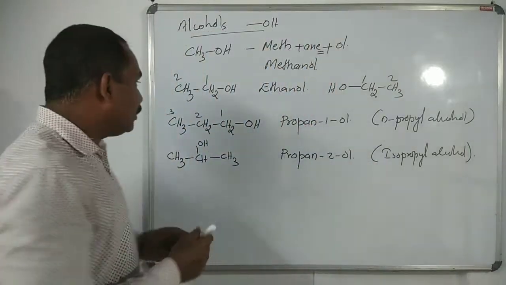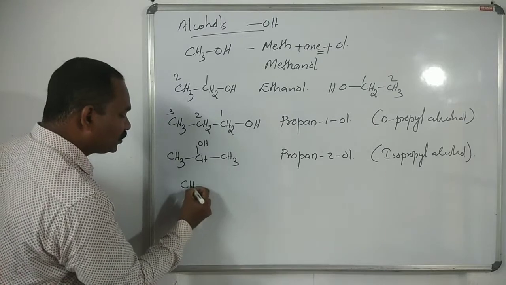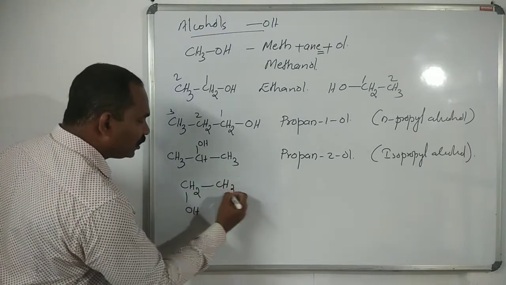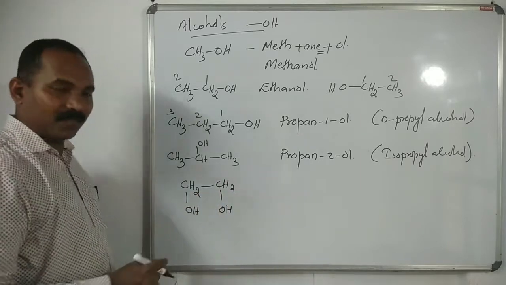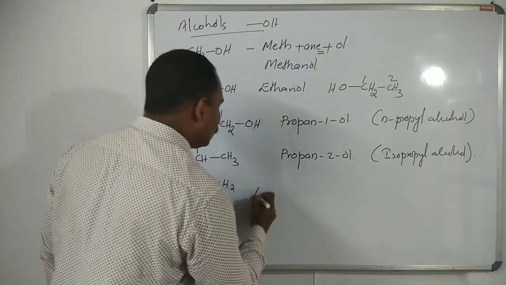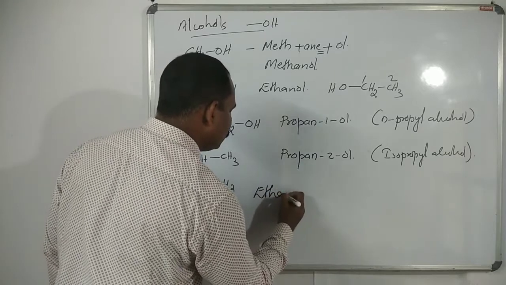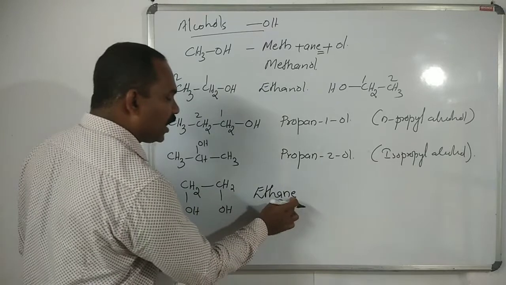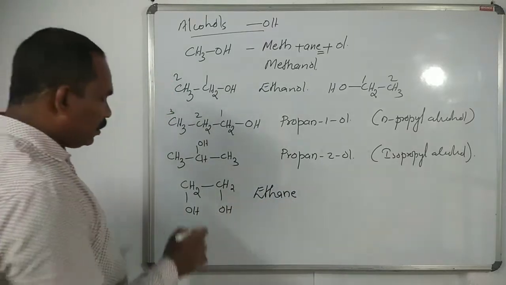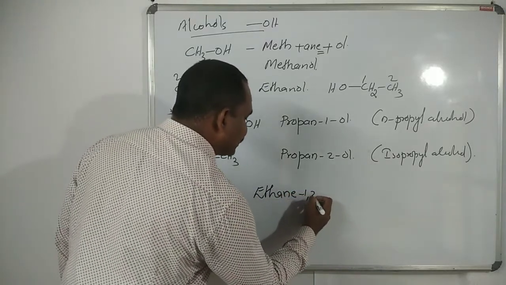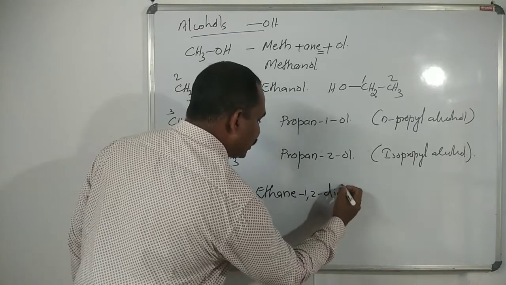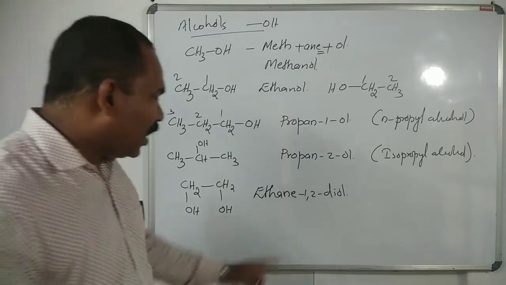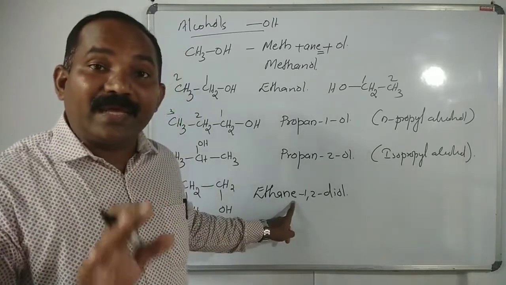When two alcohol groups come, for example, CH2OH CH2OH, two carbon atoms, so eth, and single bond between the carbon atoms, ane. The first and second carbon atoms contain alcohol. That's why we use diol, and the e should be retained.